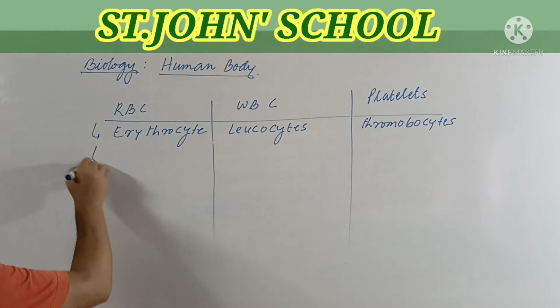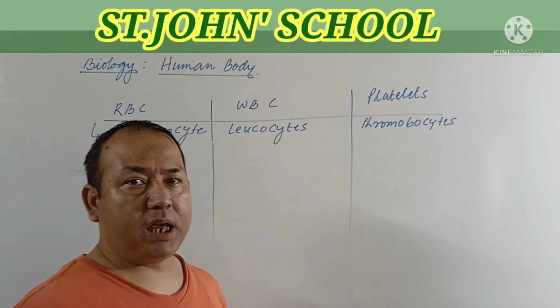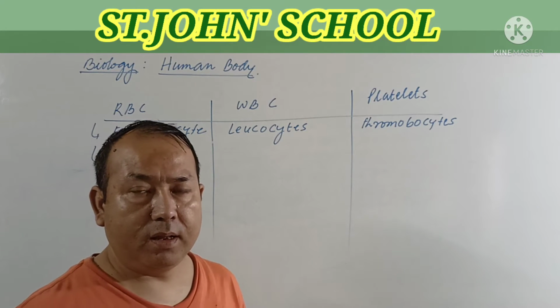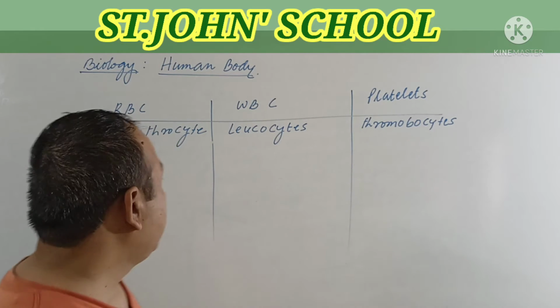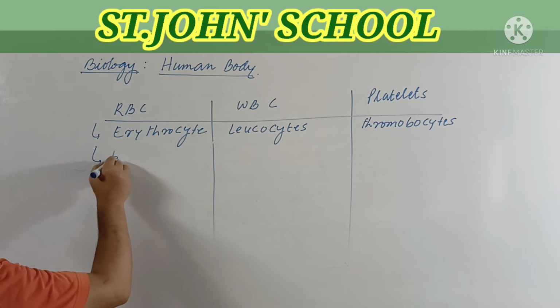Now first let us try to know about the shape of these cells. How do they look when we observe them under the microscope? Here it is given that the RBC is biconcave.